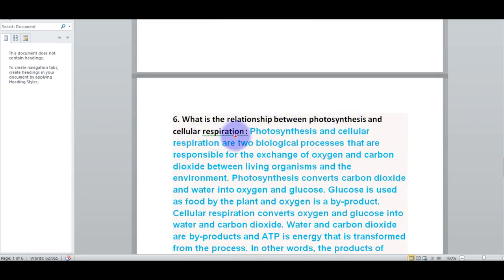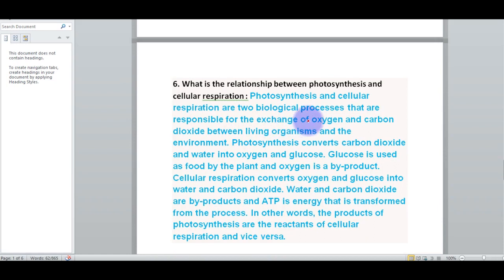So the next is, what is the relationship between photosynthesis and cellular respiration? As we have seen above, photosynthesis and cellular respiration are two biological processes responsible for the exchange of oxygen and carbon dioxide between living organisms and the environment. Photosynthesis converts carbon dioxide and water into oxygen and glucose; glucose is used as food by the plant, and oxygen is given off as a byproduct.